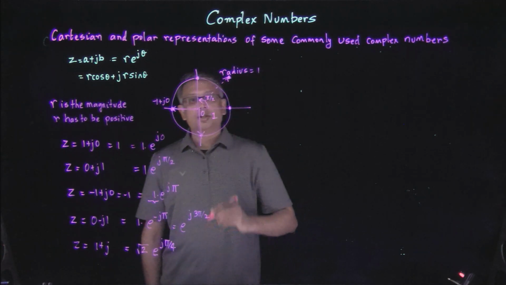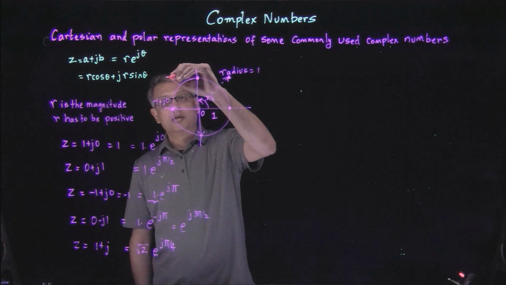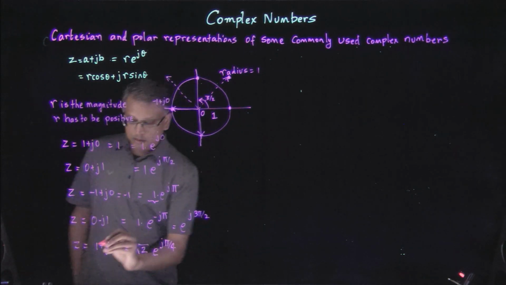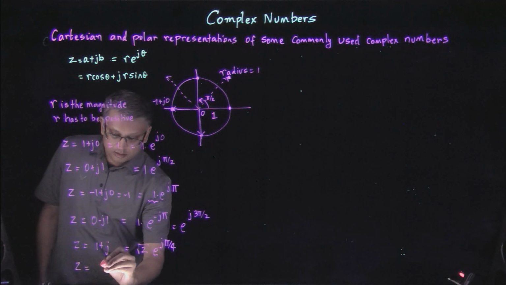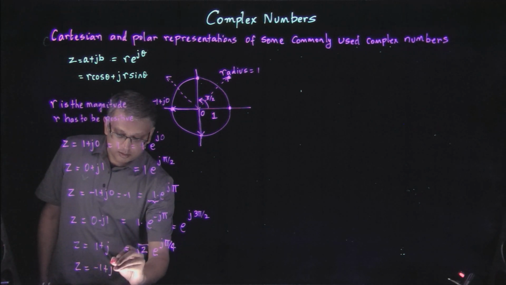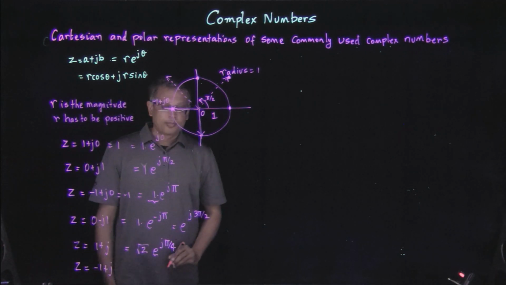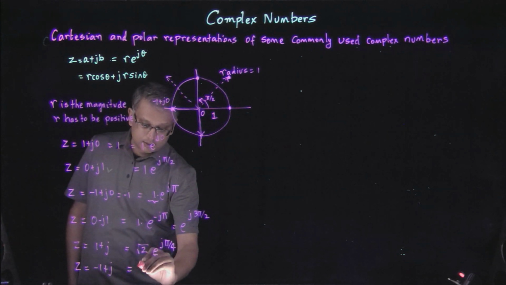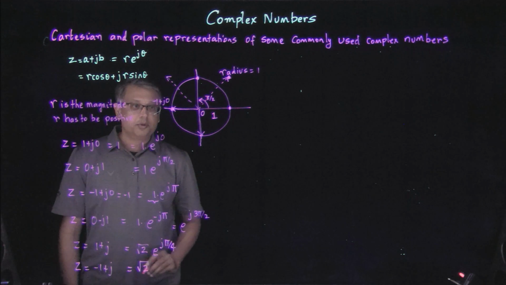Okay, let's just do one last thing. Minus 1 plus j. Now you can see that the magnitude of this vector is still square root of 2.